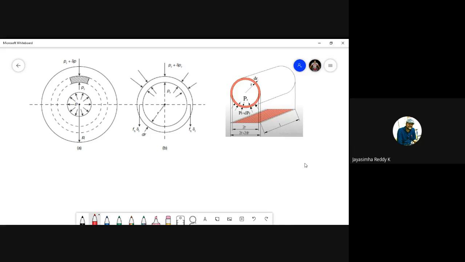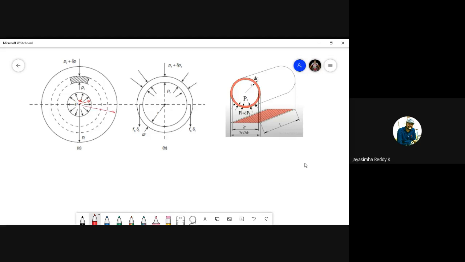Now let us consider a cylinder, students, with internal radius Ri and external radius R0.